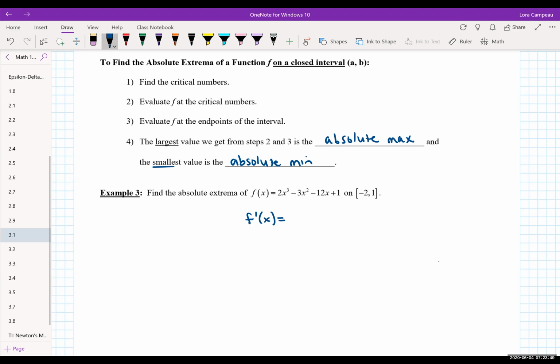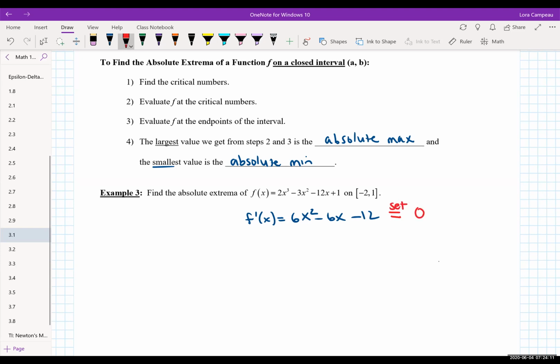The derivative of 2x cubed is 6x squared. Derivative of negative 3x squared is negative 6x, and then minus 12. So we notice it's a polynomial, so it won't be undefined.